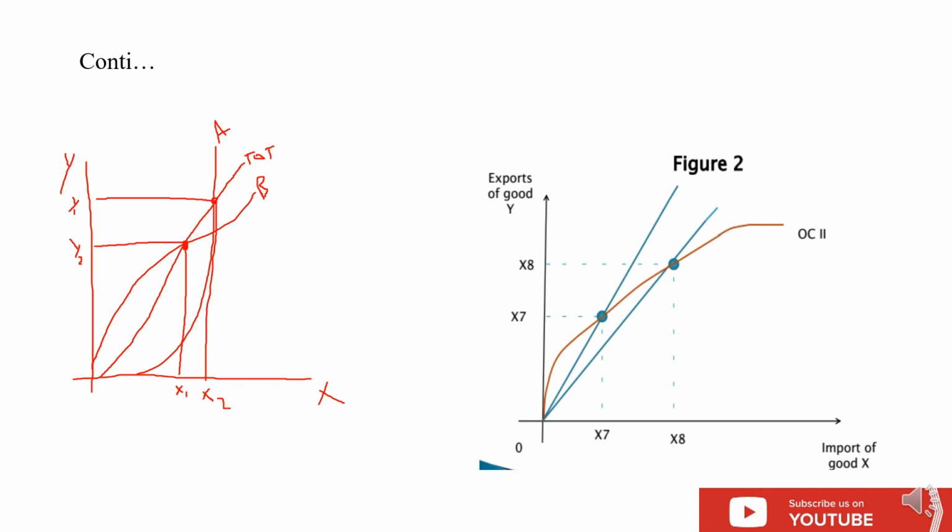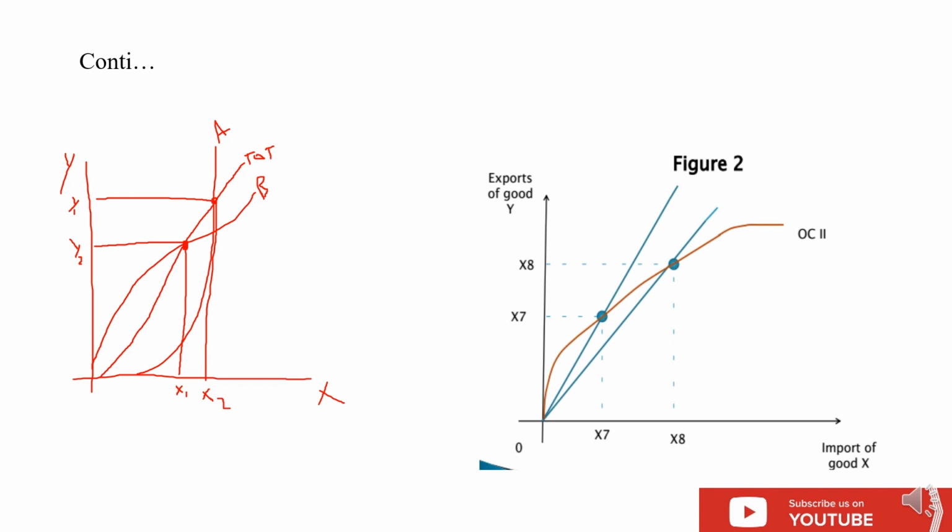So in this diagram, there are two commodities in two countries and they want to involve in international trade and they export their commodities and import their commodities.